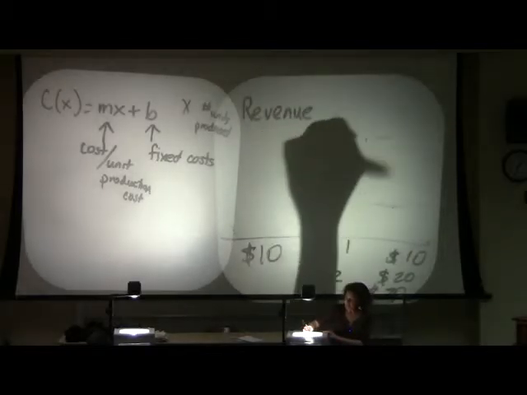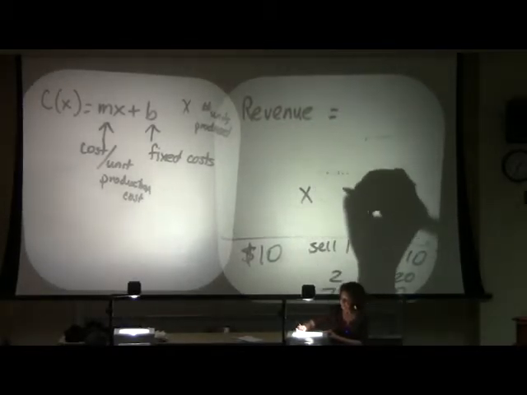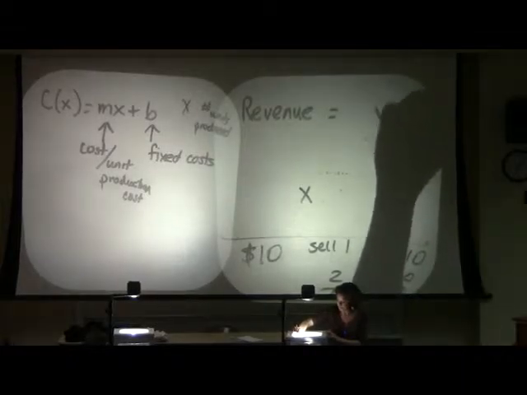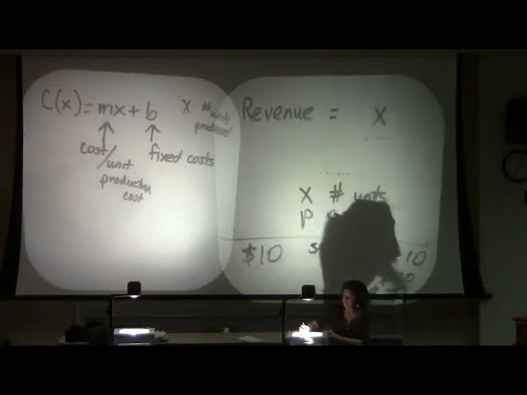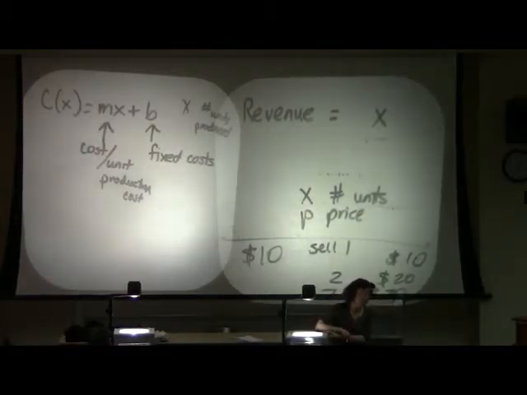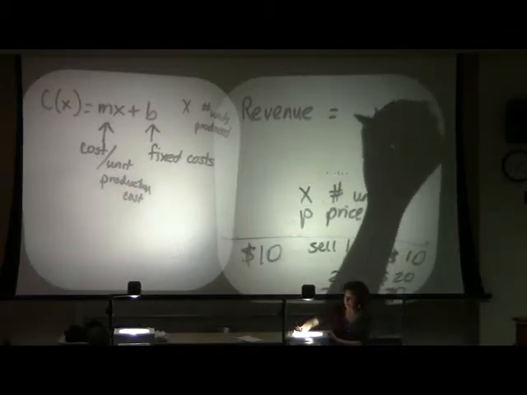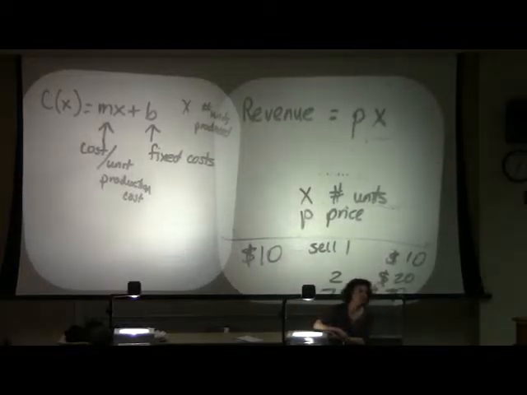$70. So, if X represents the number of units, and P represents the price at which I sell them, would you grant me that the amount of money I bring in is the price per unit times the number of units?